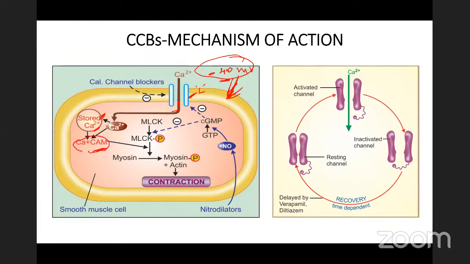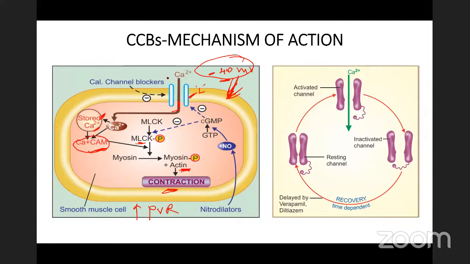This complex activates the myosin light chain kinase, through phosphorylation. This activated myosin light chain kinase interacts with the actin, which causes excitation-contraction coupling that leads to the contraction of vascular smooth muscle. Whenever the contraction increases, the peripheral vascular resistance increases. Okay, that is the normal.